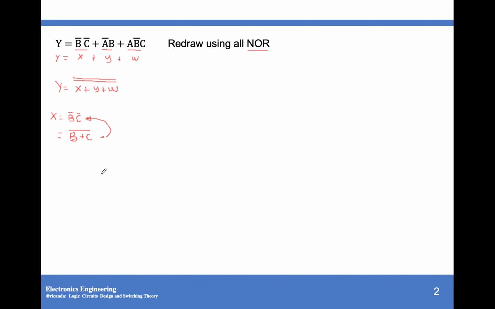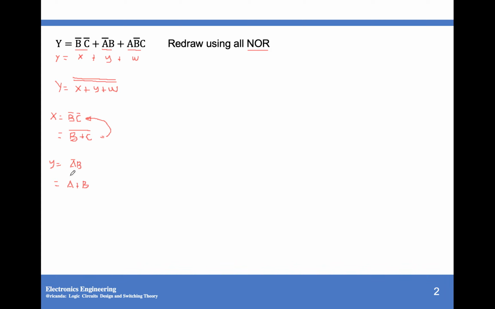And for your y, it is equivalent to e bar b. Using a NOR, we have a NOR b.